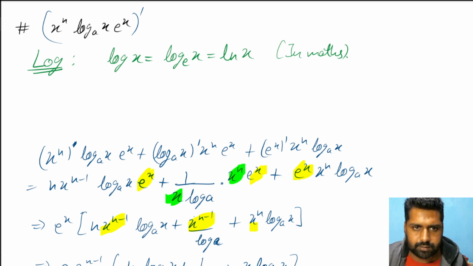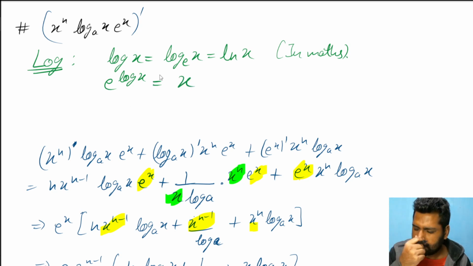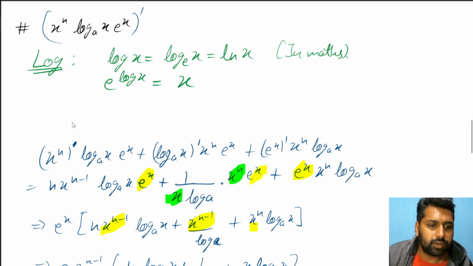So e raised to power log x is x only. Okay, so how this property will be used, this is a very important one as such.